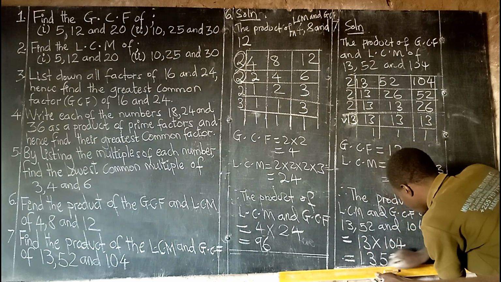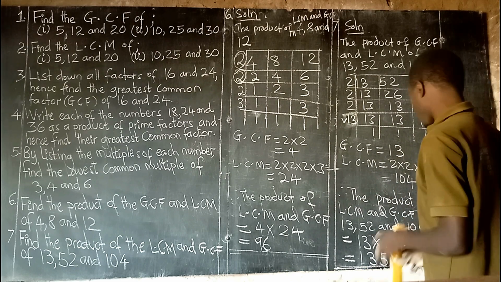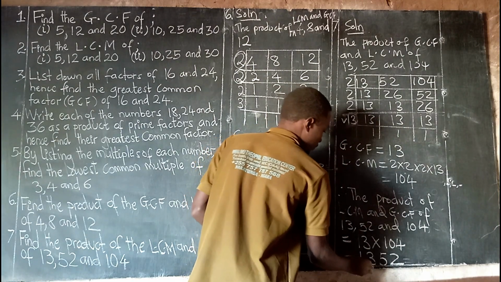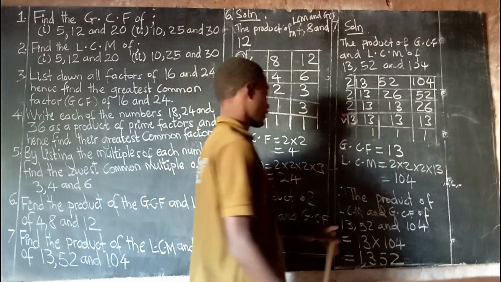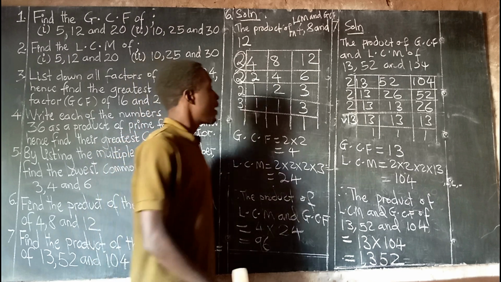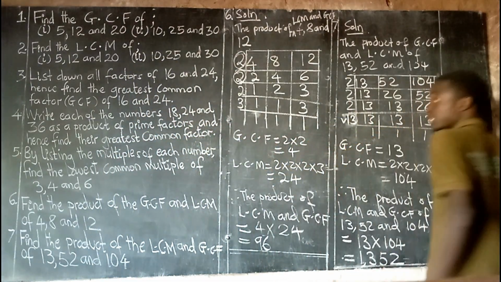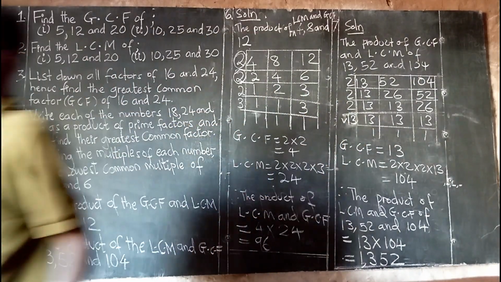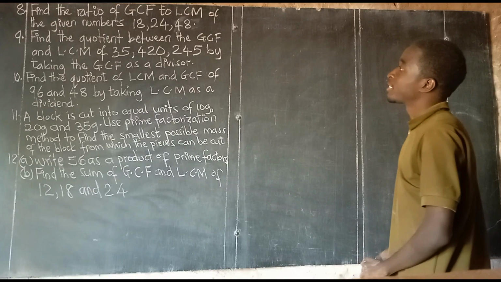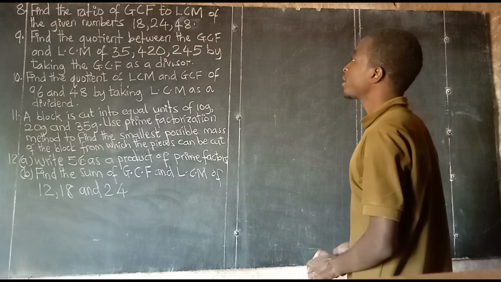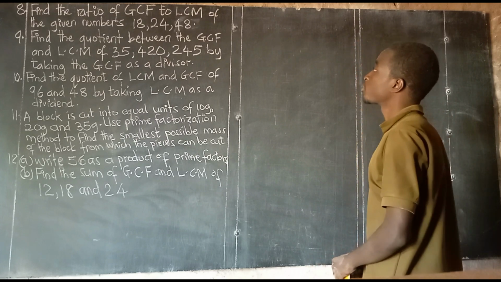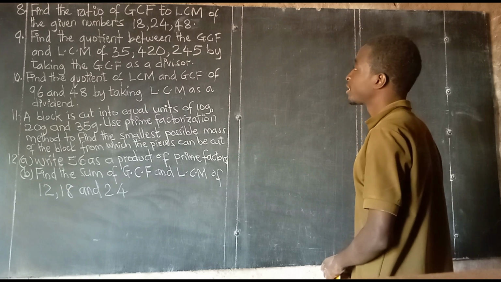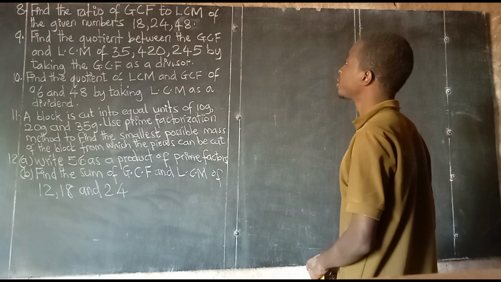For question number 7, the answer is 1,352, as you can see. Now, after this question, let us shift to the 8th question. Question number 8 states: find the ratio of GCF to LCM of the given numbers 18, 24, and 48.